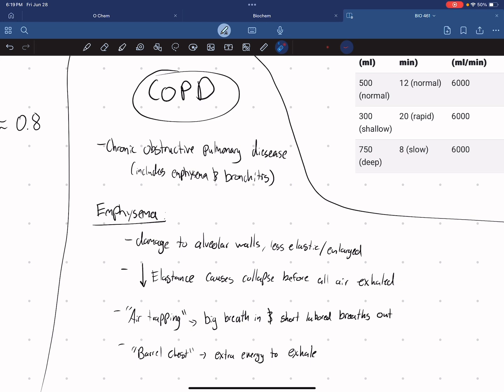That is what can cause a symptom known as barrel chest, which again highlights extra energy to exhale, and that can be tiring for people. And so that is the highlight of emphysema, what it does, how it's affected by the damage it causes, and what it's related to.